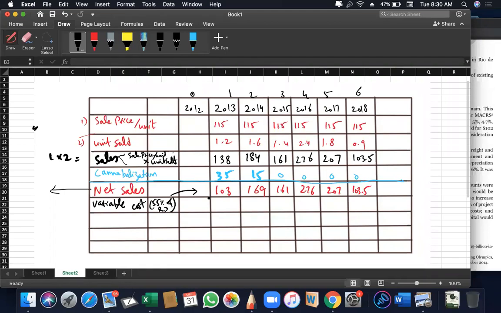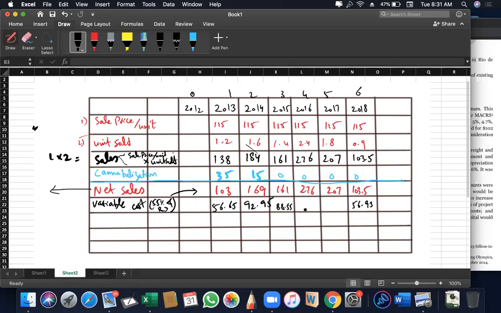So 0.55 multiplied with 103, I get 56.65. 169 multiplied by 0.55 is 92.95. Then 8.55, and this one is 56.93.